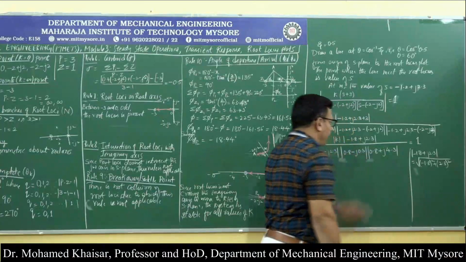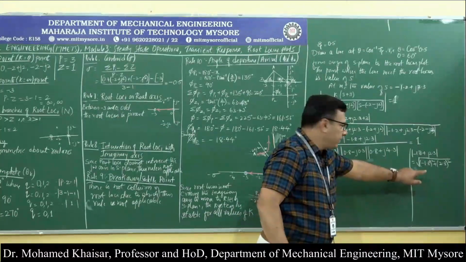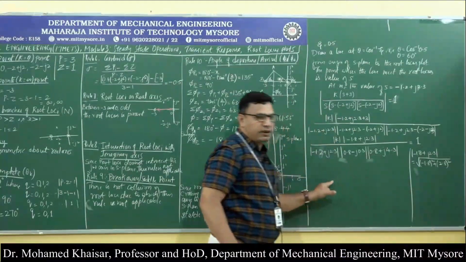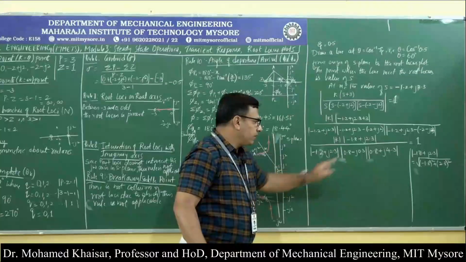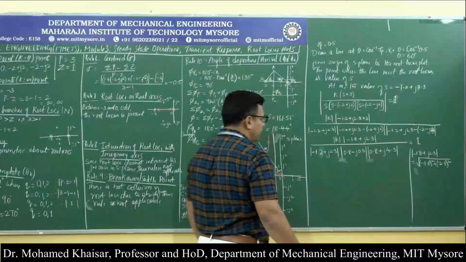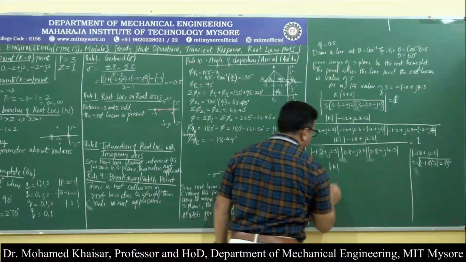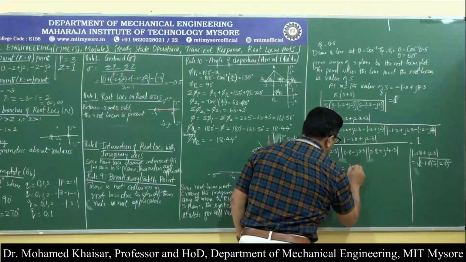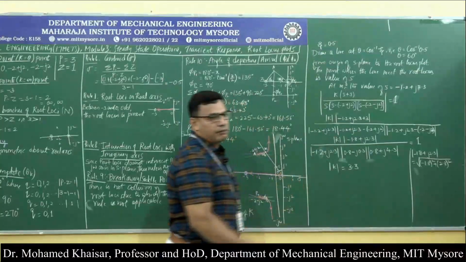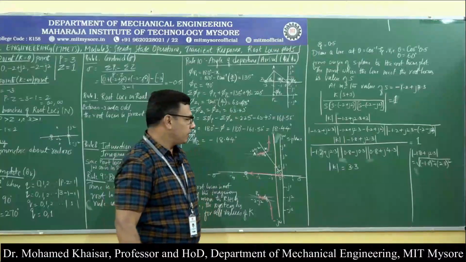If we start calculating the modulus for each of these terms, then we will come to know that modulus of K will be equal to 3.3.